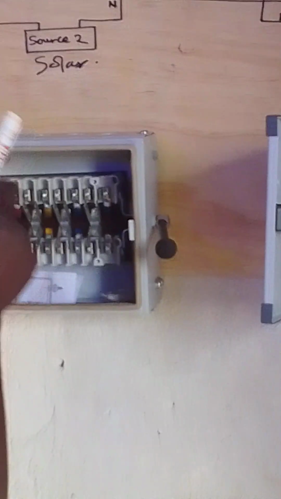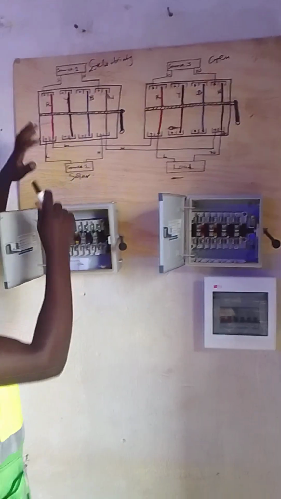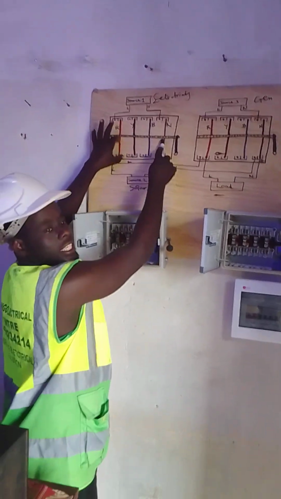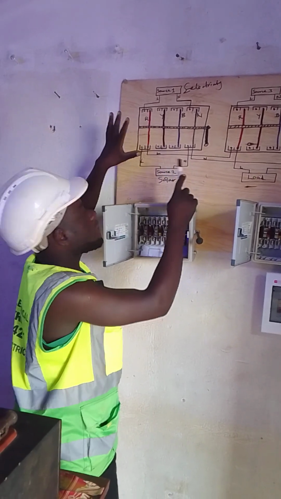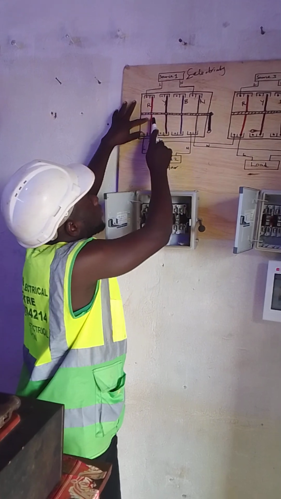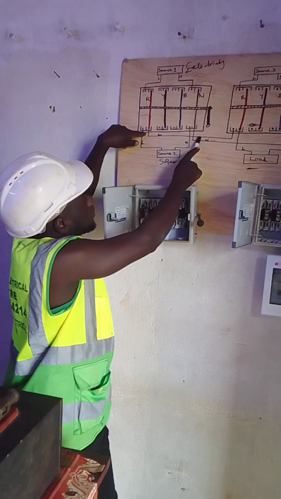Now, since we have added another changeover switch, we are going to pick the supply from our first changeover, and in this case we are going to connect it in our load terminal.